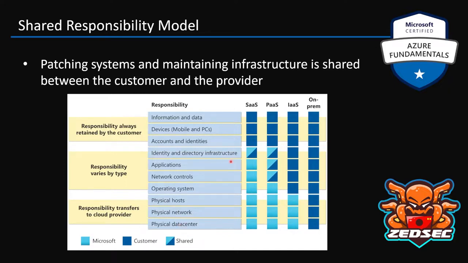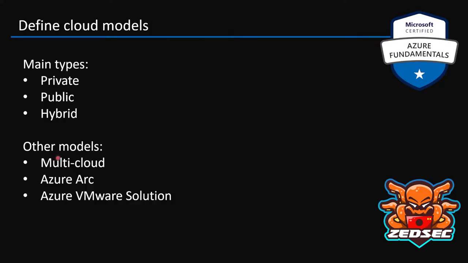Now, depending on which model you're using, identity and directory infrastructure, applications, network controls, and operating systems are going to vary. With infrastructure as a service, you manage your own operating systems and your VMs. But with platform as a service, that's all managed by Microsoft. And we're going to get into that a little bit later.